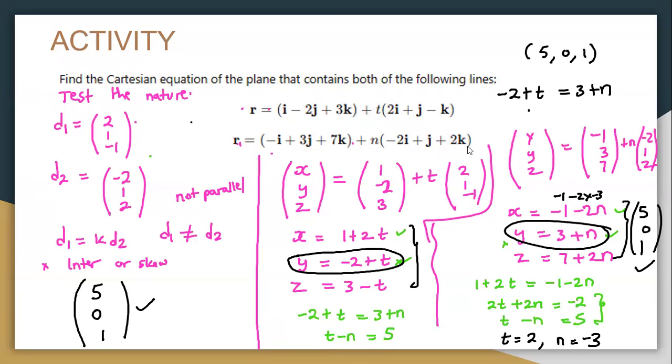And skew lines don't meet in the same plane, so you cannot find the equation of the plane. So it can be something to test your understanding. Here, we want to test which nature of lines that is. Because if they are intersecting, then we are going to use an approach. If they are not intersecting and they are skew, it means that you cannot find the equation of a plane. Yes, Ruth?